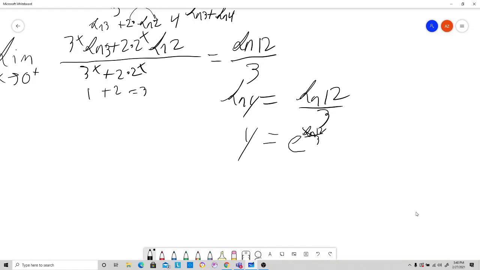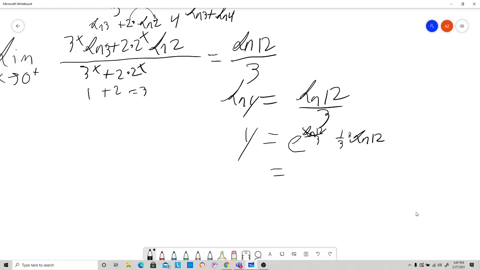You see this as a fraction, this is technically 1/3 times ln of 12. With the properties of logarithms, this 1/3 can go to the exponent.